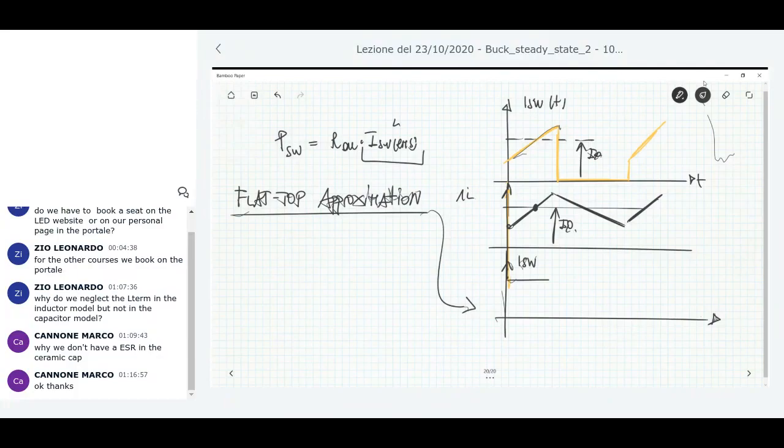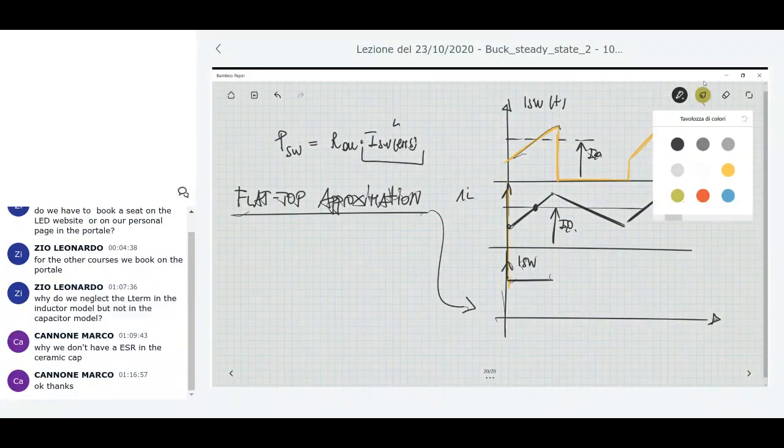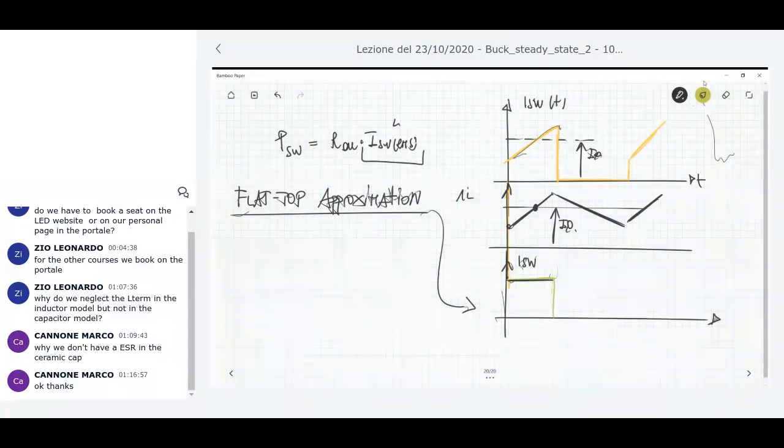As a rectangular waveform, this way. So I flatten the top, and the value here is I naught. So I choose the average value of this slope as the flat top level approximation of this curve. In that way, I can compute the root mean square value with a simple method.